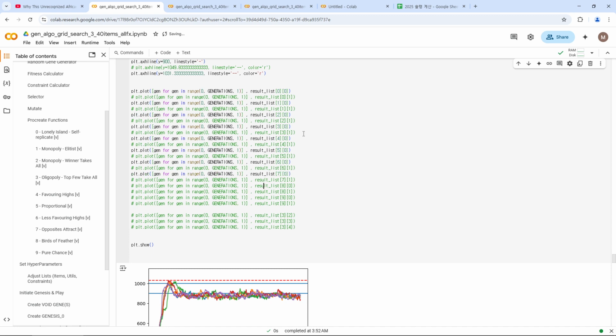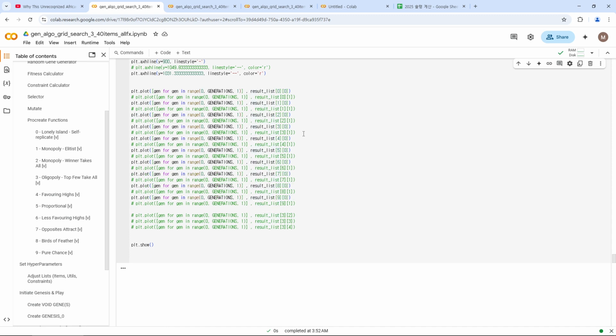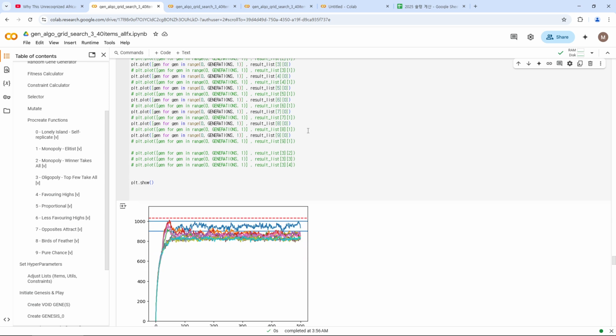So this is what it looks like. No dip and higher plateau is the self-replicate, and other than that, if there were no dips, the plateau level was at a relatively lower level, slightly above 800.